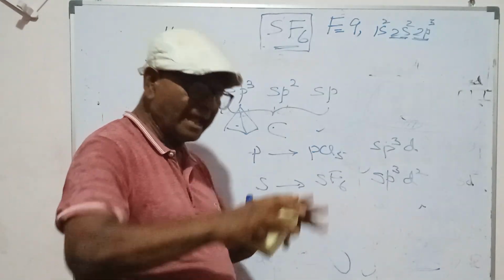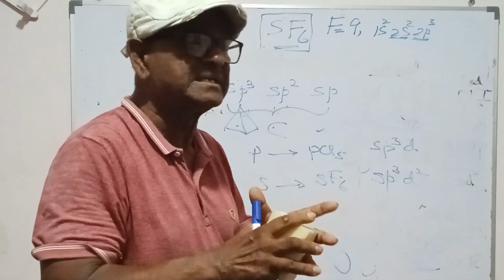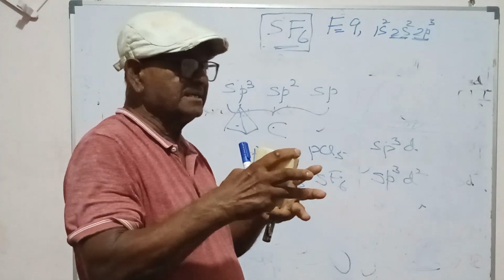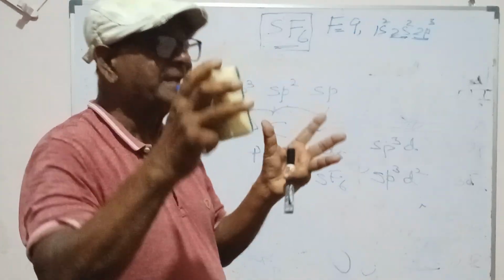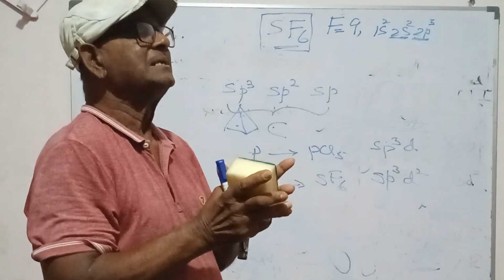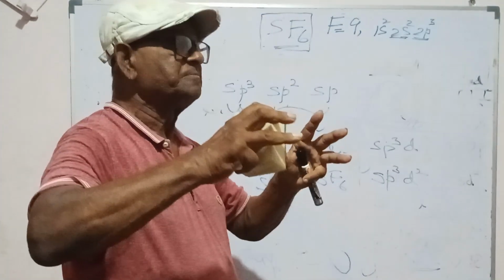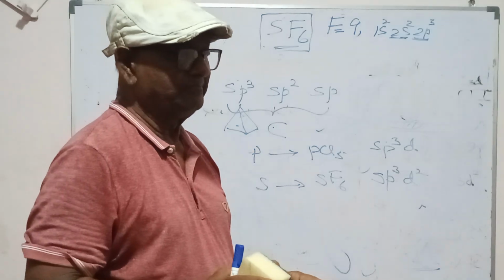And according to that type of hybridization, what is the shape of that molecule in space.